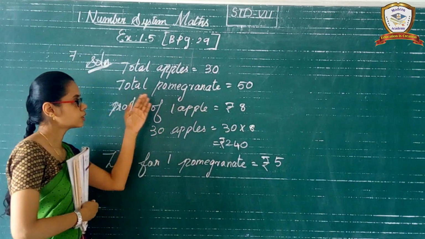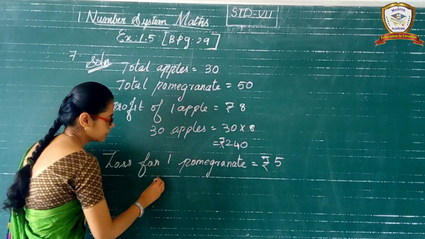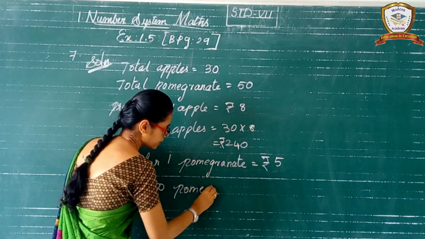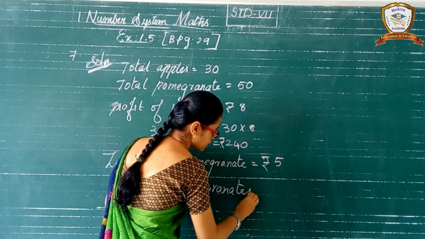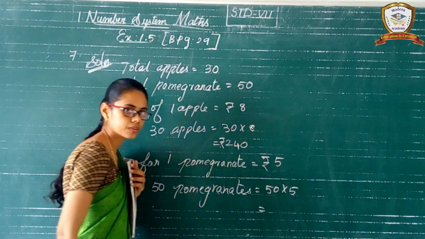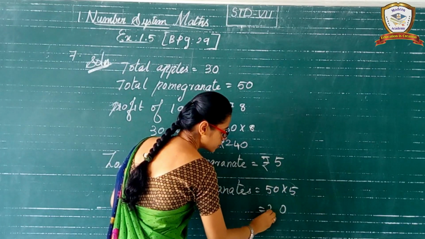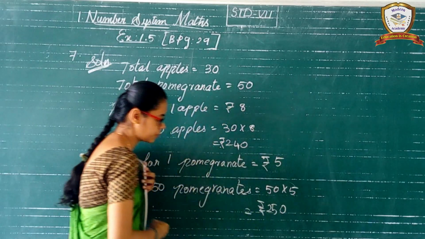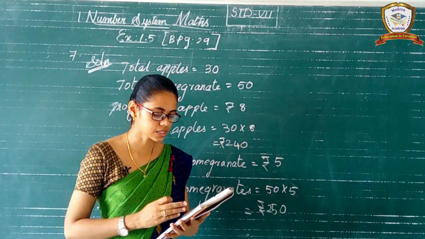The total pomegranates given are 50, so we have to multiply: 50 into 5. 5 zeros are 0, 5 fives are 25. So rupees 250.